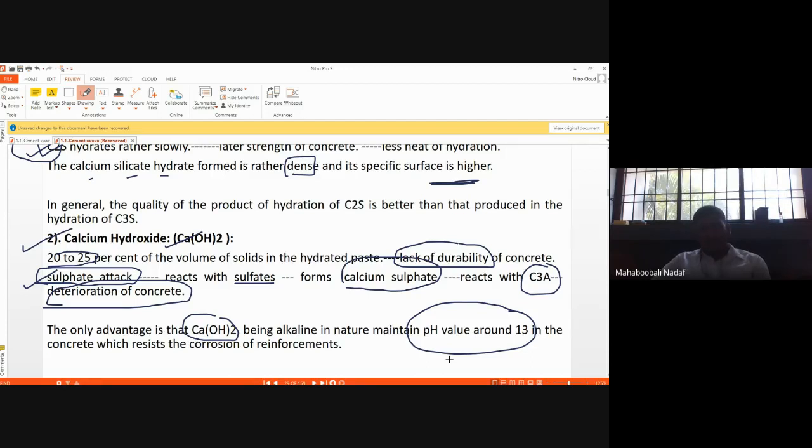If acidic condition is there in concrete, corrosion chances are more. Are you understanding this point? Calcium hydroxide is helpful in this aspect; in other aspects it is bad. Only in this aspect it maintains an alkaline pH around 13, which resists corrosion.